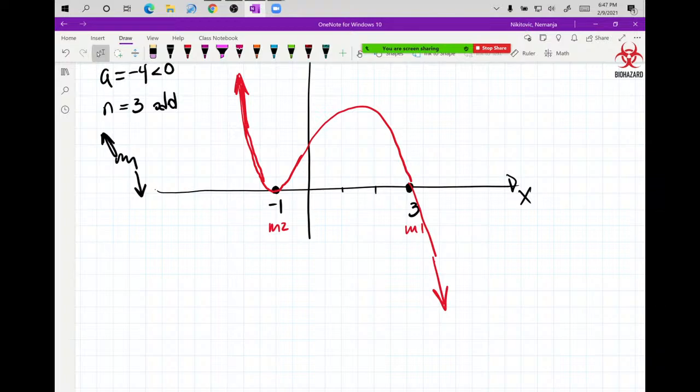Let me say this one more time. If you are not able to connect pieces and you have to invent x-intercepts from thin air, you are doing the graph wrong. You have to check your calculations, you have to check your multiplicities and things like that. There is no way for me to connect this graph if I don't bounce it off at negative 1.